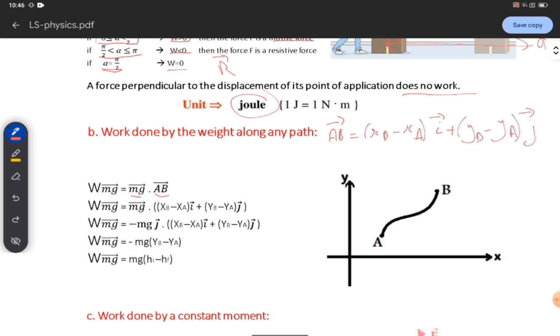And the weight is along the y-axis in the opposite direction. So the vector mg equals minus mg j. So we obtain minus mg j scalar [(xB minus xA) i plus (yB minus yA) j].